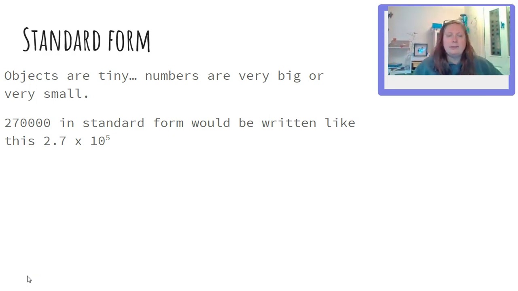So to do this, you just need to move the decimal place left or right, and the number of times the decimal place moves is the power of 10 that you will get. And if you move to the left, then you will get a positive power. And if you move to the right, you will get a negative power.